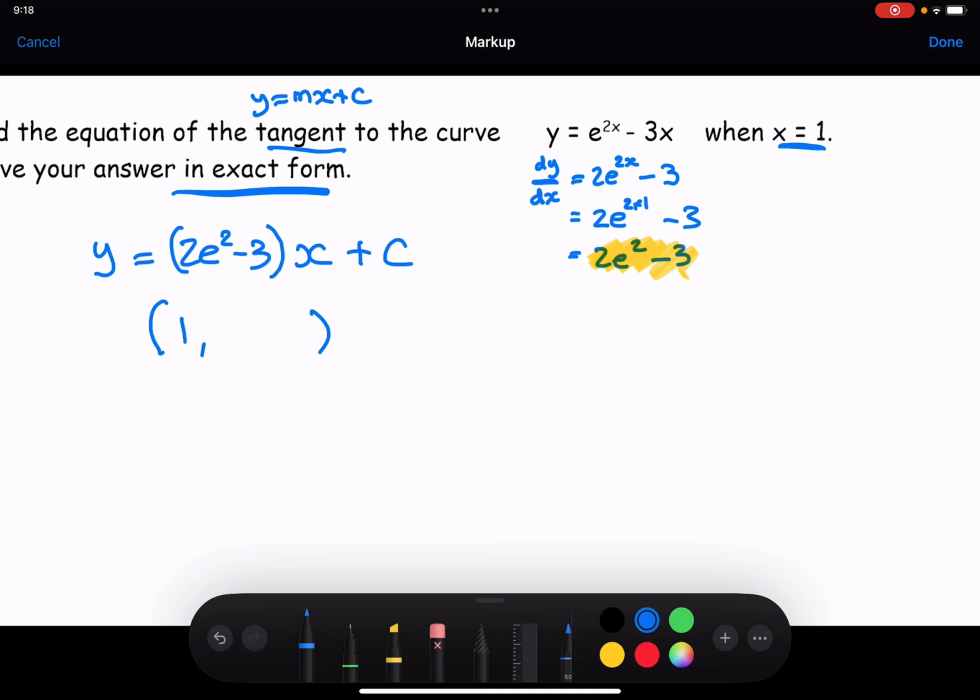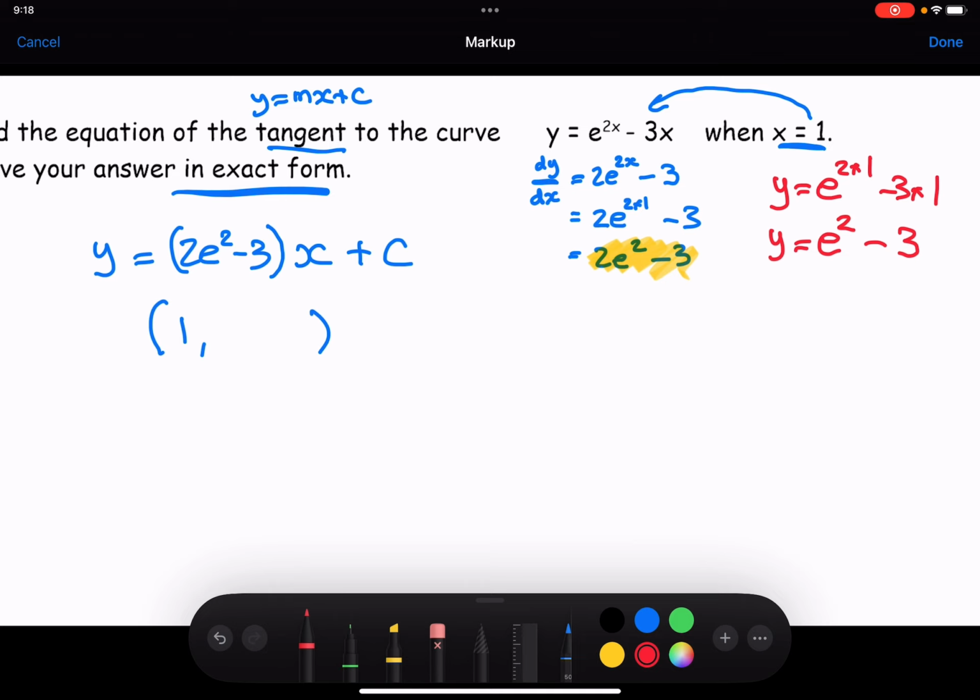But I can work out the y-coordinate by substituting 1 into the original function. So let's do that. That will give me y equals e to the power of 2 times 1 minus 3 times 1, which is e squared minus 3.